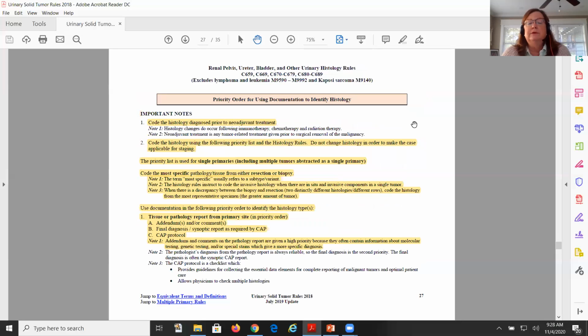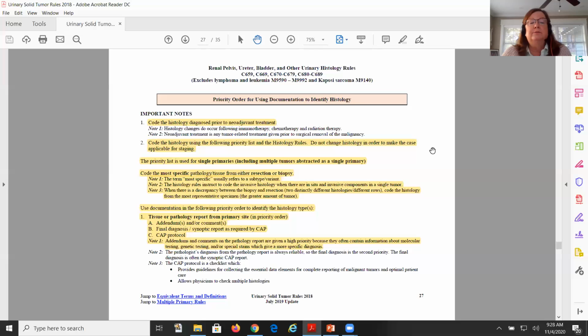So now we're going to move on to histology. You always code the histology diagnosed prior to neoadjuvant treatment. We have a priority list for histology as well as what we did for determining primary site. The priority list is used for single primaries, including multiple tumors abstracted as a single primary.